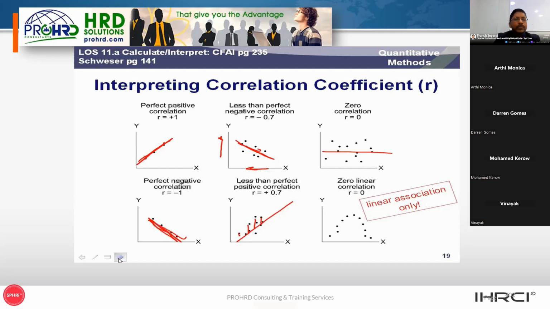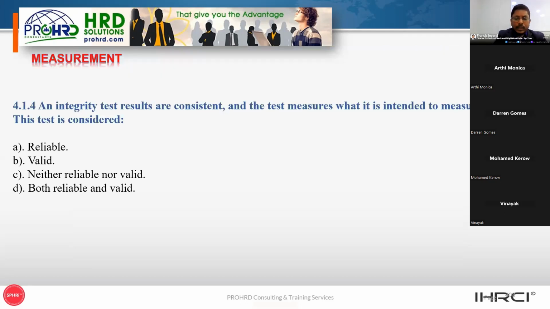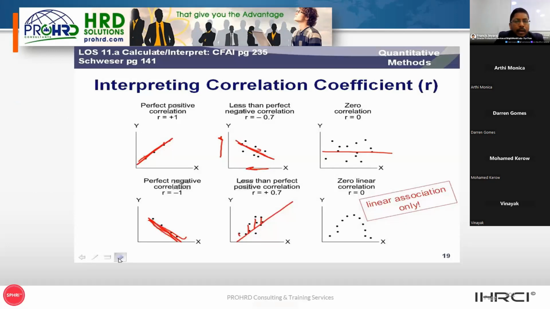Are you with me? Yes, we can see. So the first one is a perfect correlation. On the X-axis and Y-axis, the data is linear, going progressively. This is perfect correlation. And then the second one is less than perfect negative correlation.